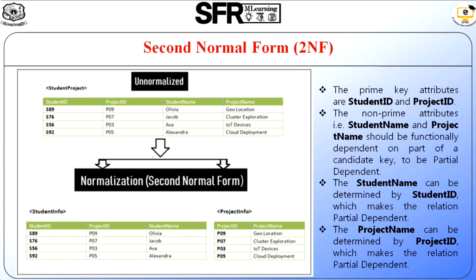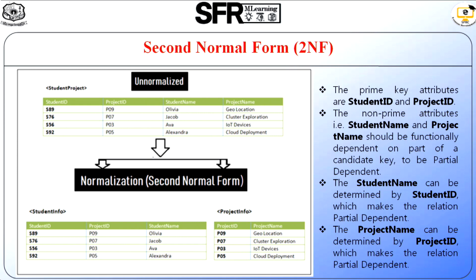So see the functional dependency: the student name can be determined by student ID, and the project name can be determined by project ID. So here we have a partial dependency, and it violates the rule of second normal form. So we decompose the table into 2 tables: one is student information and another one is project information.